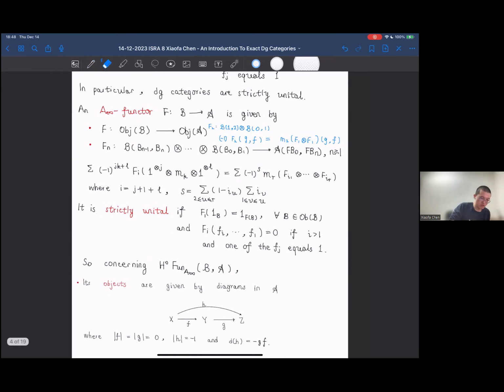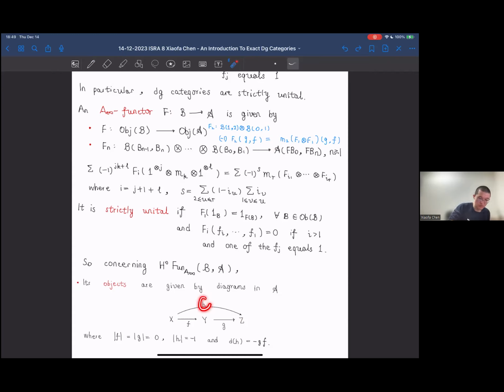So at the level of F1, we assign to each arrow in the DG category B a morphism in A. There are two morphisms F and G, and to the pair G and F, we assign a morphism in A. We assign a morphism H, and this F_n has degrees.